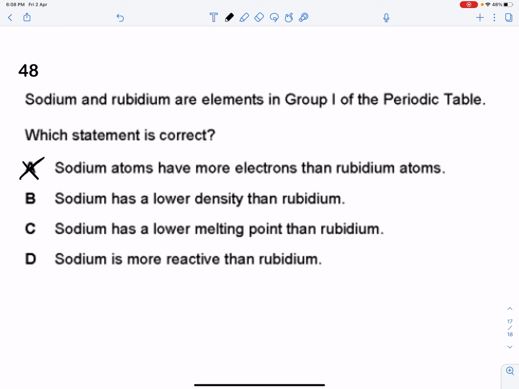Sodium has a lower density than rubidium. No, density increases down the group. So yes, sodium has a lower melting point than rubidium. As we go down the group, melting points decrease. So no. Sodium is more reactive than rubidium. As we go down the group, reactivity increases. So no. B must be the answer.